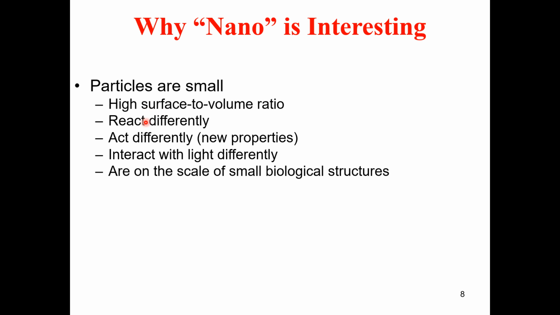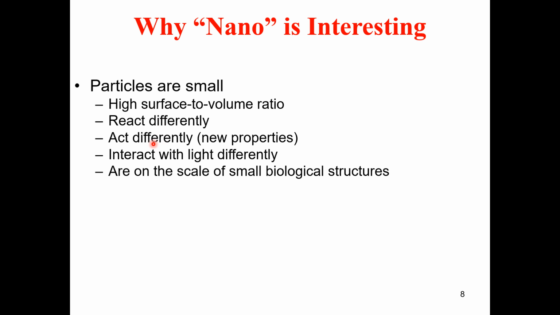So when we have the material at the nanoscale, it will react differently. Why differently? Because we have more atoms at the surface as compared to the volume, so they are exposed to the larger environment. In simple words, we can say that the reactivity changes at the nanoscale.